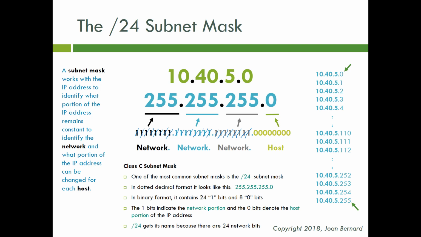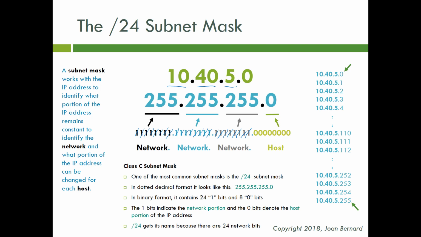Let's apply the subnet mask to see how it defines what IPs are in a network. Because the first three octets of the subnet mask are all binary ones, 255 in decimal, every IP address in this network must begin with 10.40.5.